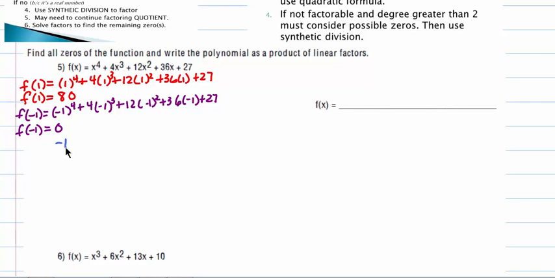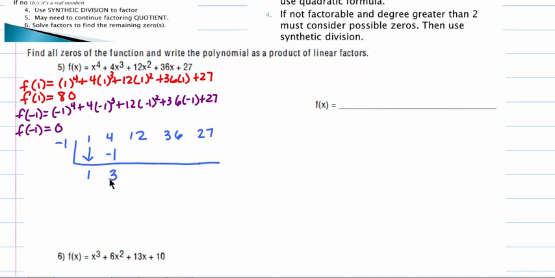So negative 1, my coefficients are 1, 4, 12, 36, and 27. Bring down my 1. Negative 1 times 1 is negative 1.